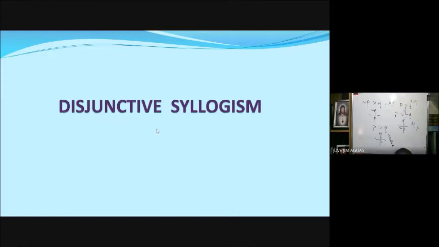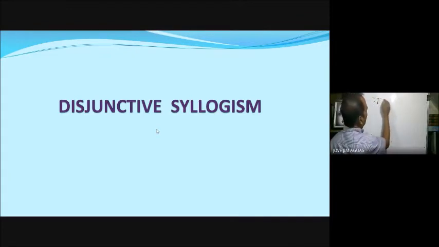Let's go now to the disjunctive syllogism. Now remember the disjunctive, it's the either-or statement. You are given two choices, and the choices, again, we use P and Q. So these are the disjuncts.